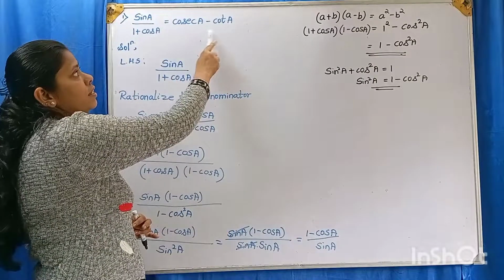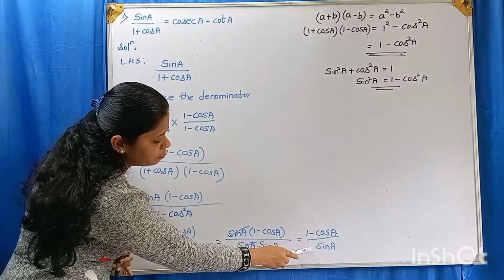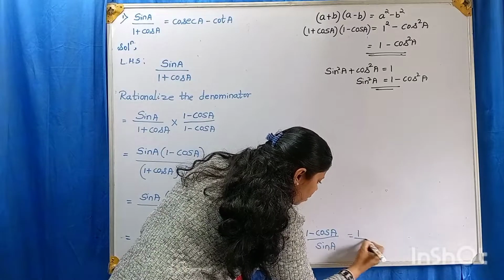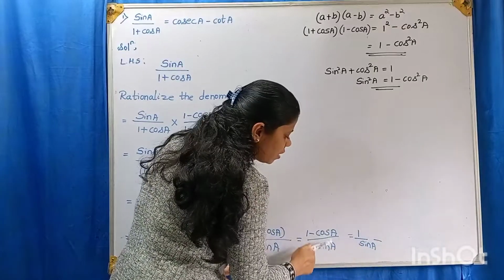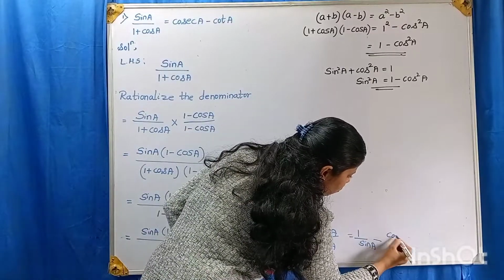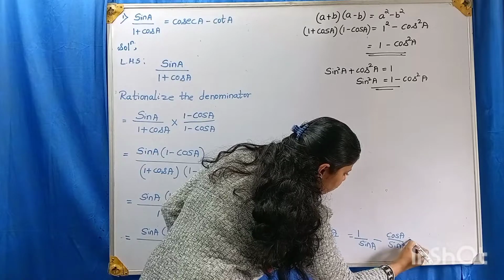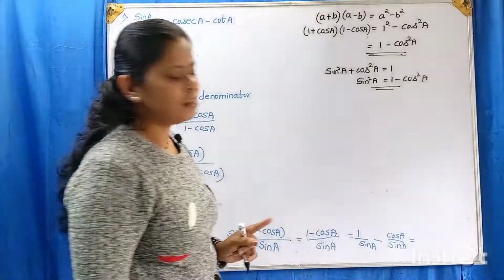But we want cosecant A minus cot A in the RHS. So split this term. That is 1 by sin A minus cos A by sin A. 1 by sin A is cosecant A, right?